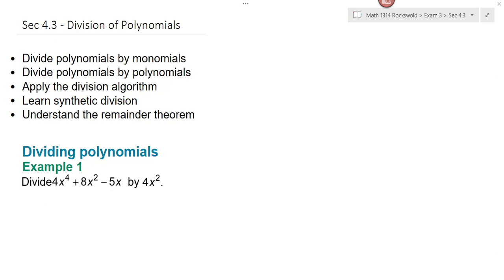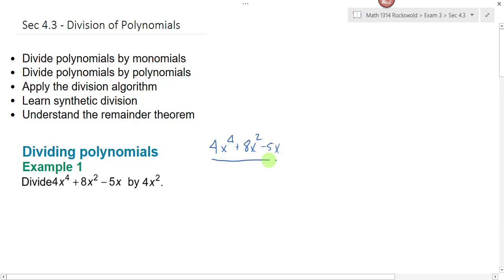So here in example 1, we're asked to divide 4x to the fourth plus 8x squared minus 5x by 4x squared. When we set this problem up, we write down the polynomial 4x to the fourth plus 8x squared minus 5x, and then we're dividing it by the monomial 4x squared.